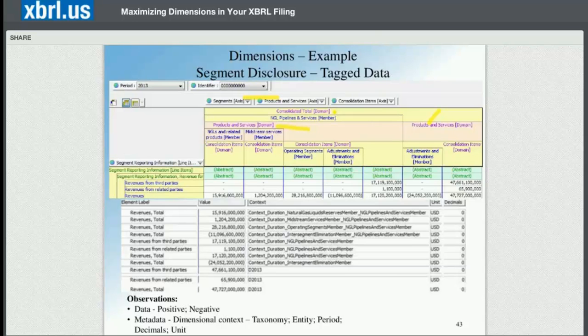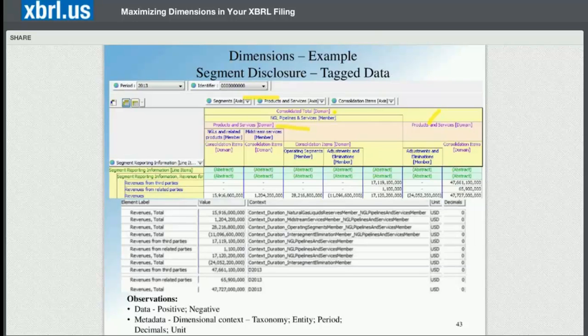I do apologize for that. My eyesight is definitely shot. But it's the NGL Pipeline and Services segment member. Okay, so the 28216 represents the total of all sales for that segment before eliminations.